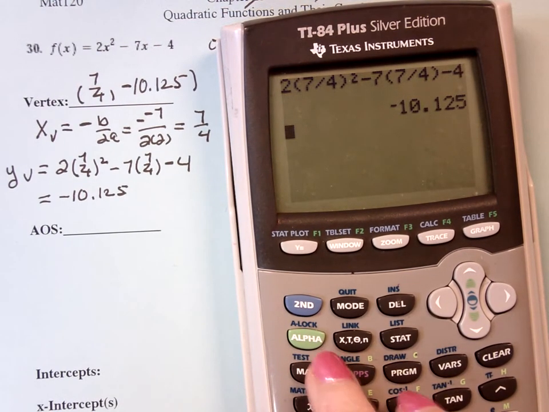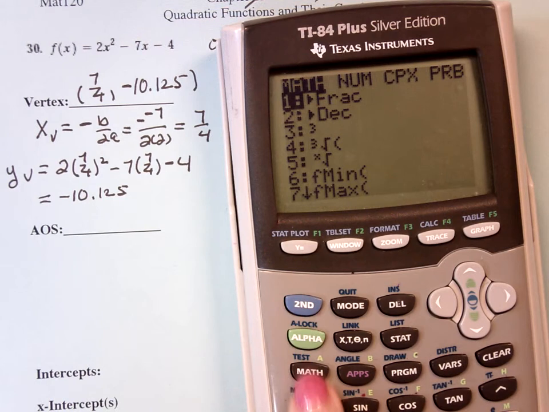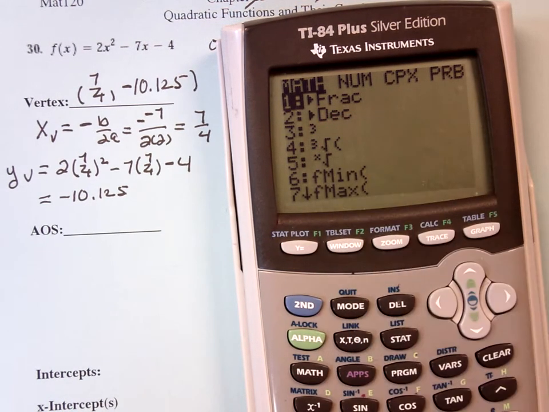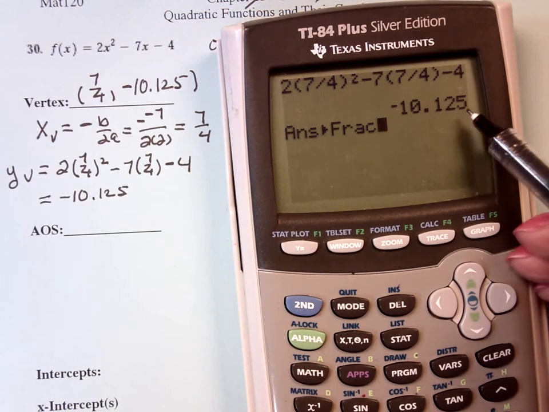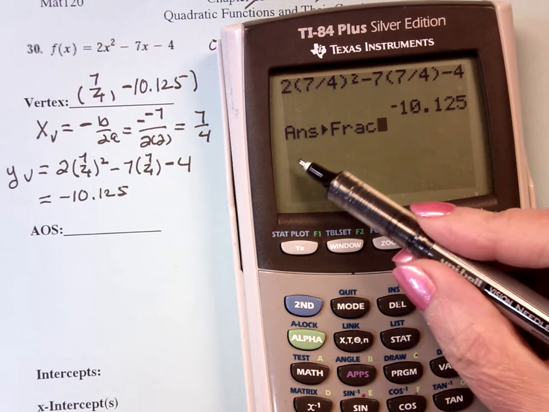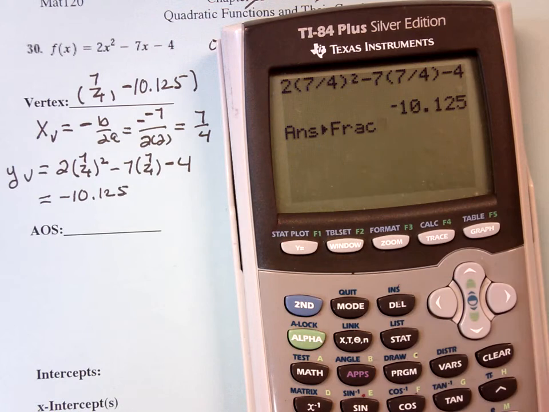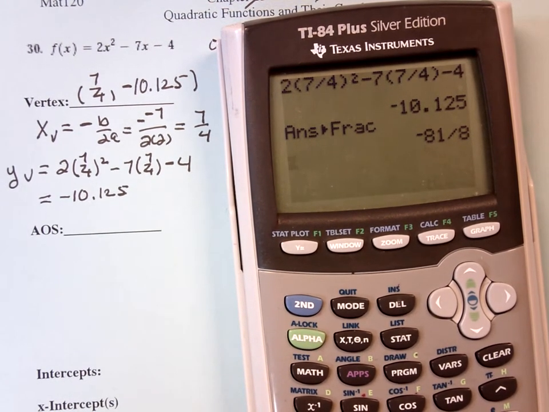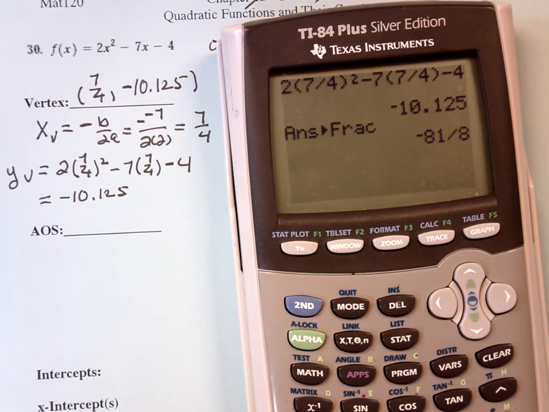So I can hit the math button, and this says push it to a fraction. It's going to take this number, which I just calculated, they call that answer, push it to a fraction, and then you get negative 81/8. That doesn't have any meaning to me, but it's 10 1/8. That has more meaning.